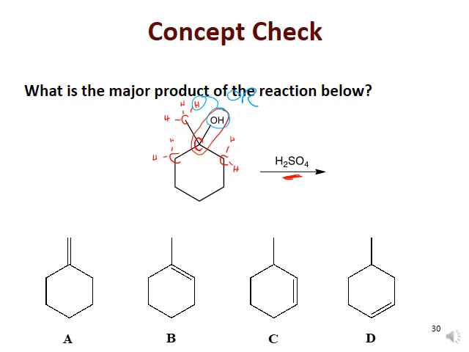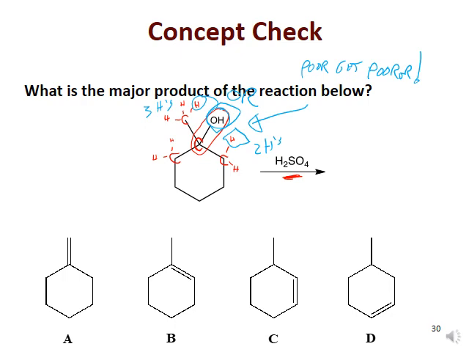So it's either going to take this and this, or this and that. And since the poor get poorer, that means that's the hydrogen that leaves, right?